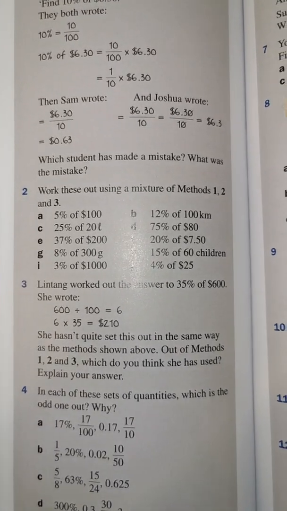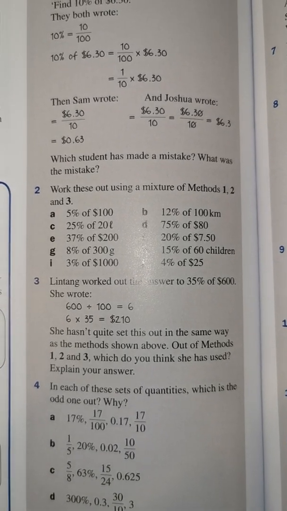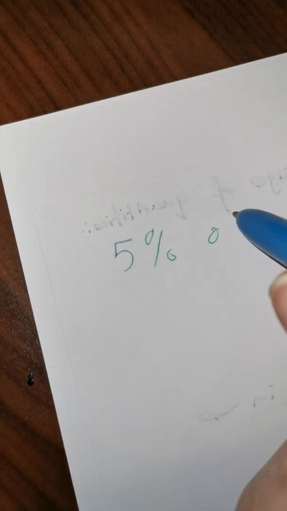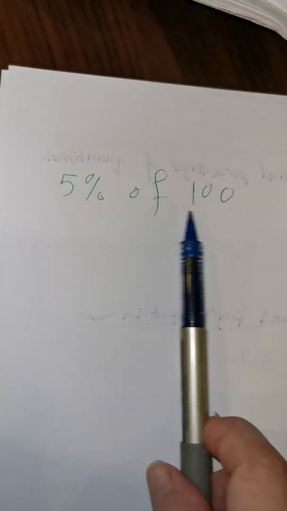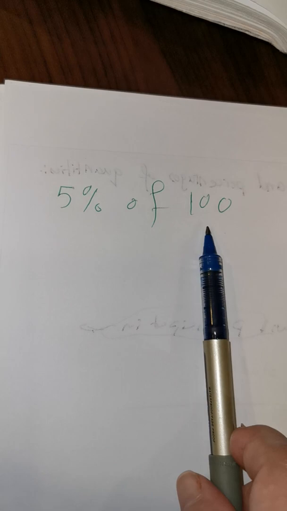Okay, let's solve A. What is 5% of 100? 5% of 100. 5%, we have percentage of and the quantity or the whole amount. So هاي of معناها multiplication.